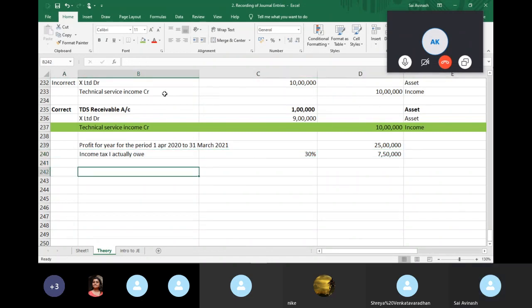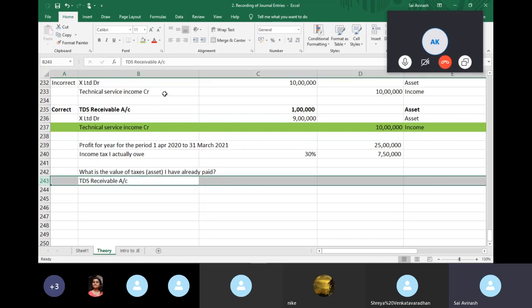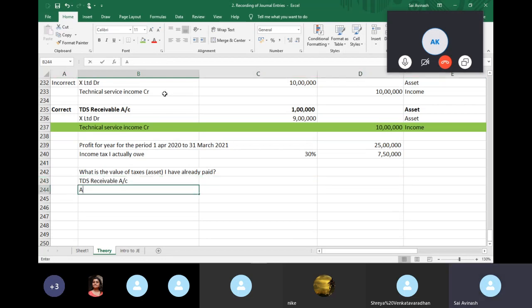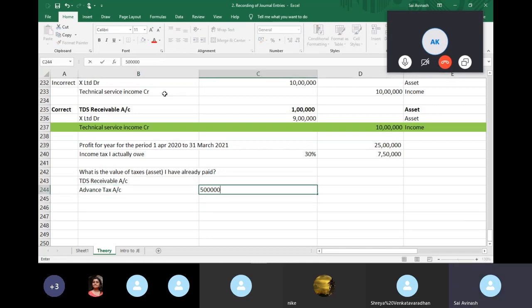But what is the value of taxes I have already paid, right? So we have TDS receivable, which is the tax that has been deducted by your customer and paid to the government for you, right? He is doing your job for you. And this is advanced tax. Advanced tax, we have a balance of 5 lakhs, right?